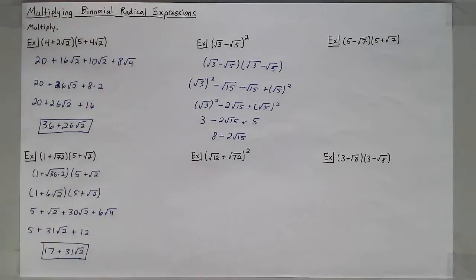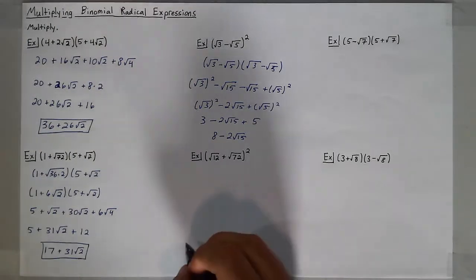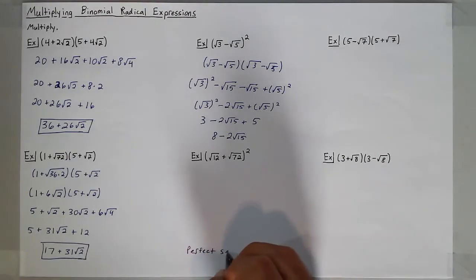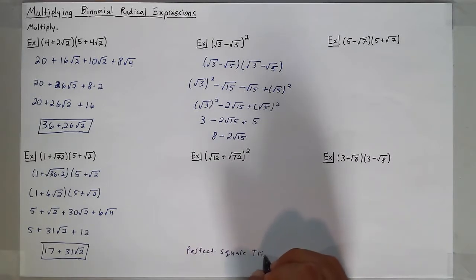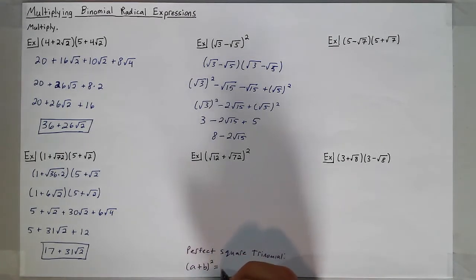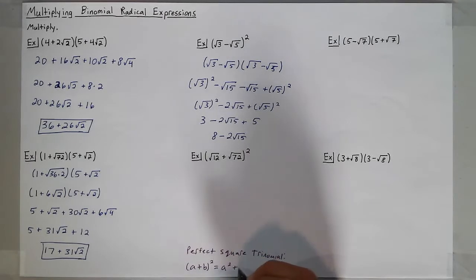So we can actually use the idea for a perfect square trinomial to help us multiply these out. That's when you have a plus b squared is equal to a squared plus 2ab plus b squared.